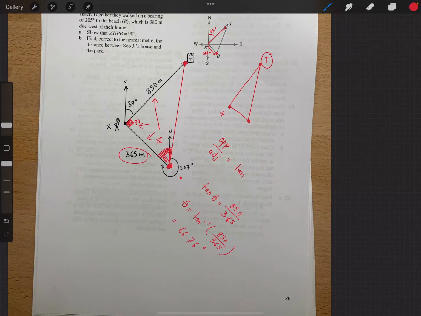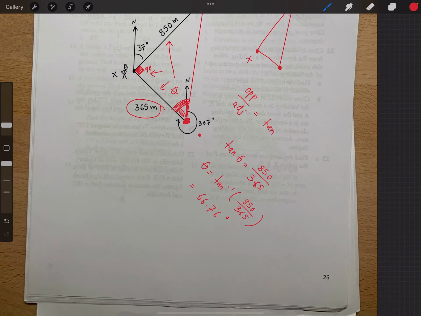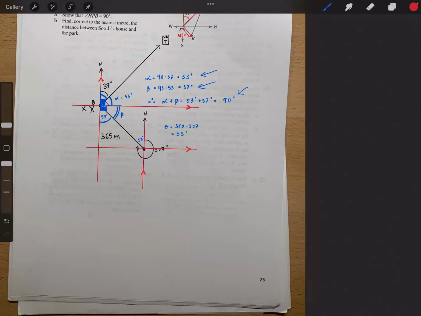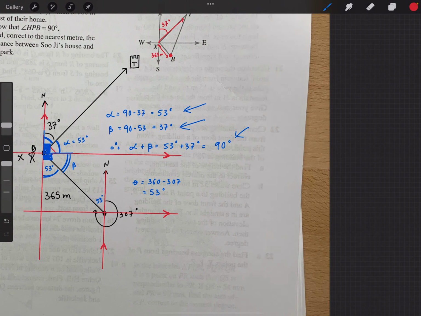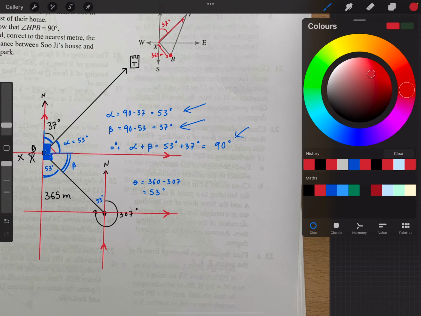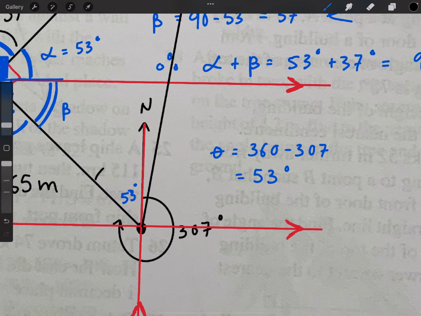Now it says find the bearing. This is the very tricky part. We know that angle is 66.76 degrees. I'm going to draw a black line from here all the way to here. We know this whole angle we just worked out to be 66.76 degrees.